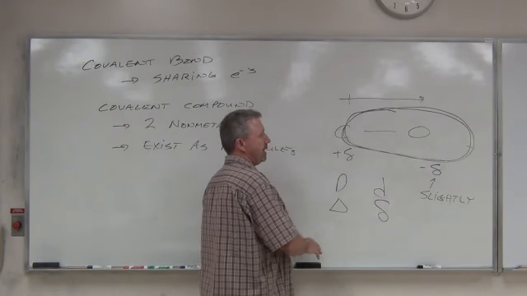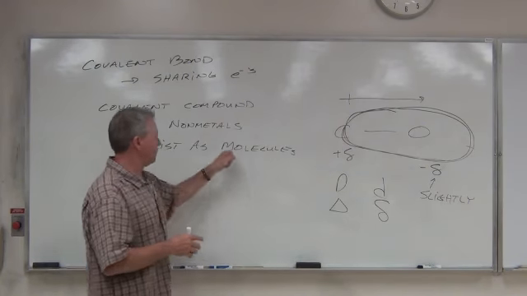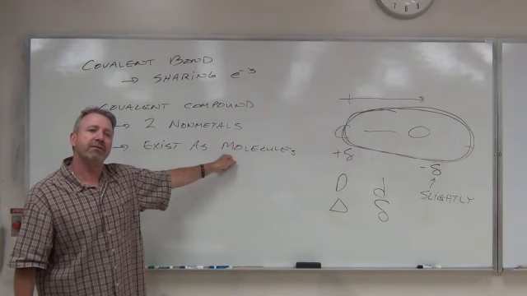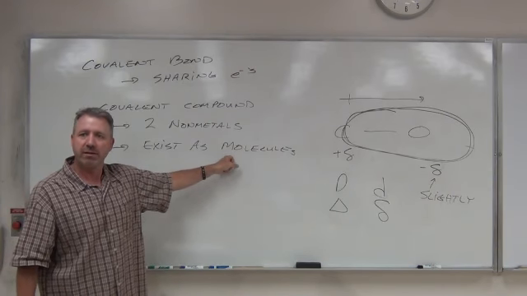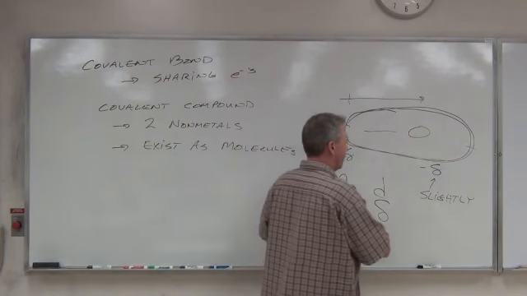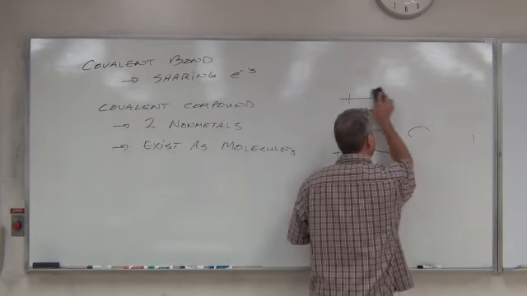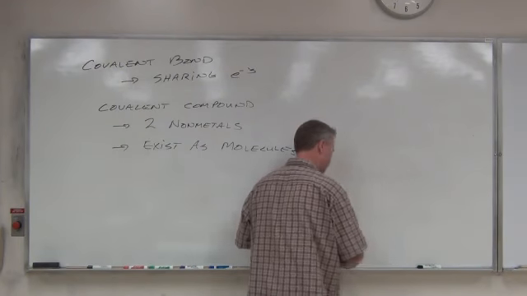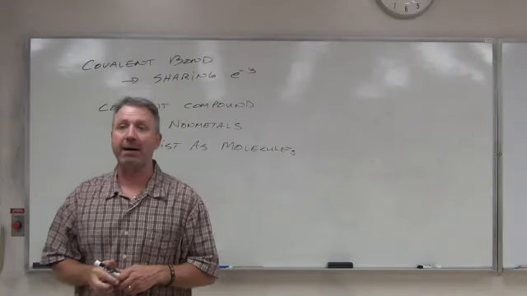Now, covalent compounds exist as molecules, and those molecules have defined structures. How do we know what those structures are? Well, we're going to go back a little bit to our Lewis dot.